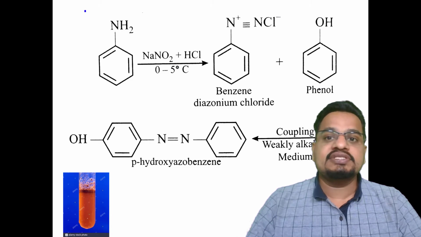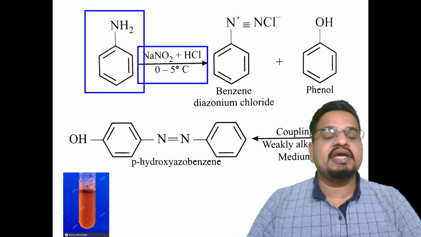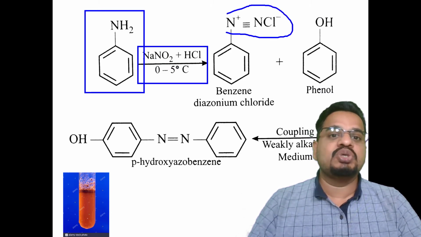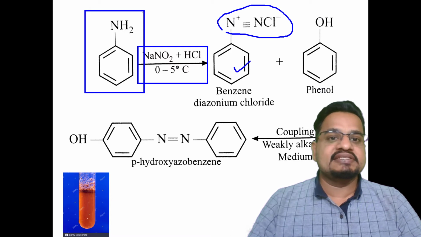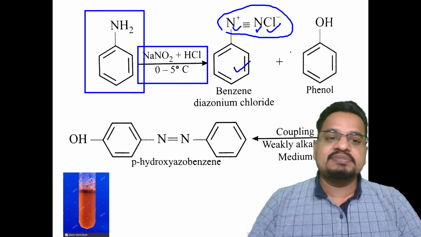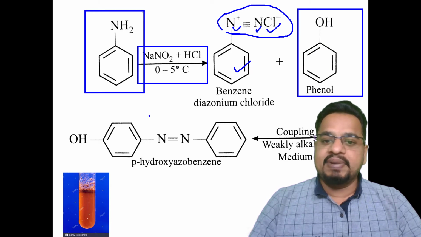And now see another test, that is the azo test. In case of the azo test, what is happening? Your aniline, when reacted with sodium nitrite in acidic media, gives benzene diazonium chloride, that is benzene, the two nitrogens, and chlorine. And when this benzene diazonium chloride is reacted with the phenol, the coupling reaction takes place.